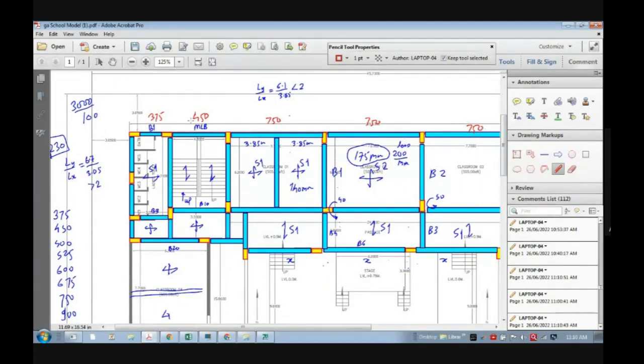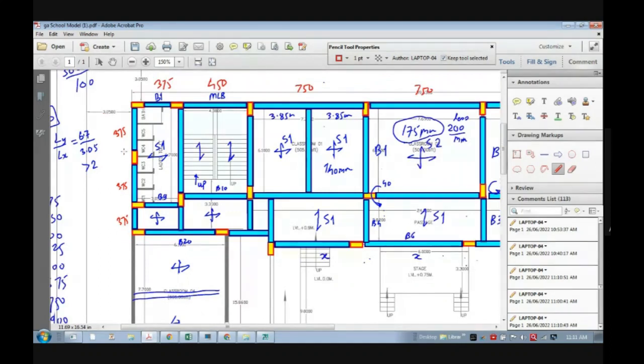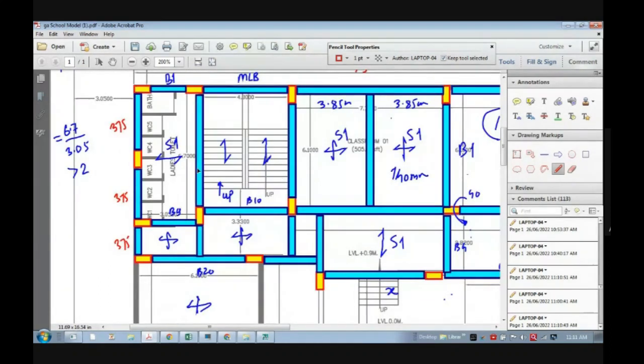Now tell me, ये WC के यहाँ ये जो beam है ये कितना लेंगे? So it is something, ये 6.7 divided by 2 है ना, half span हुआ आपका. So roughly 375. Right? Then for staircase, this one, it is 6.1.